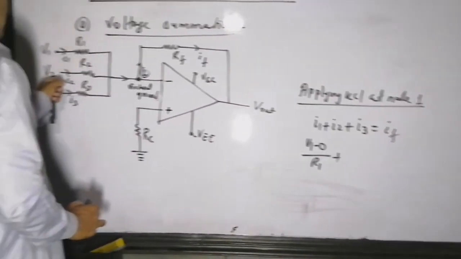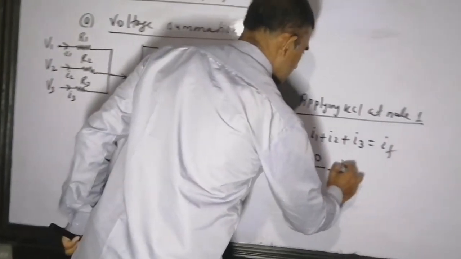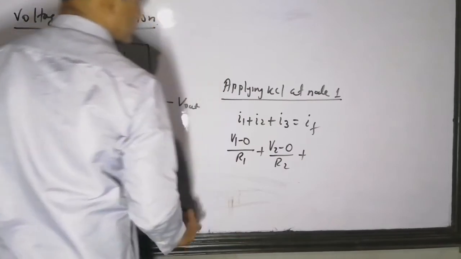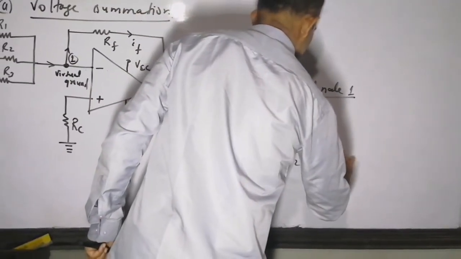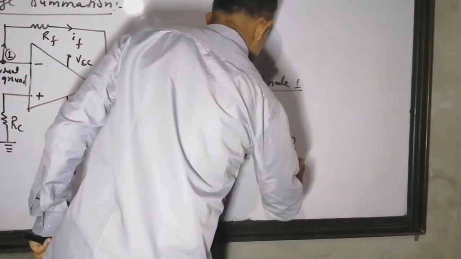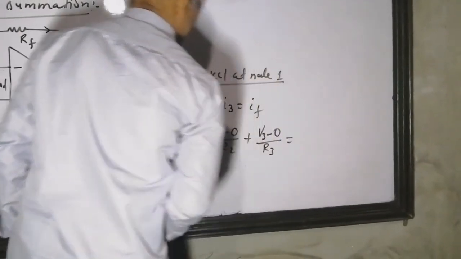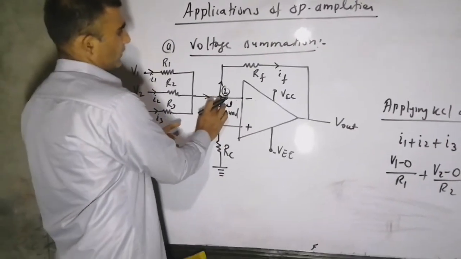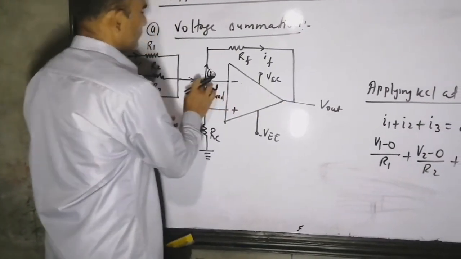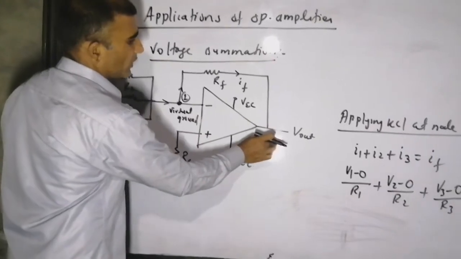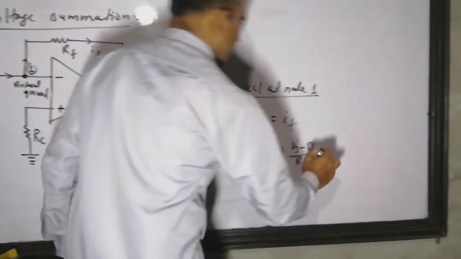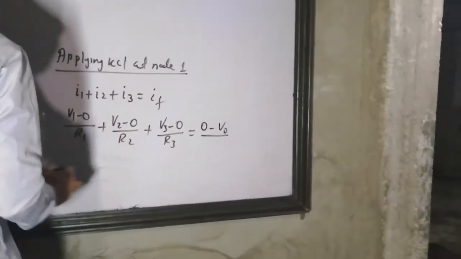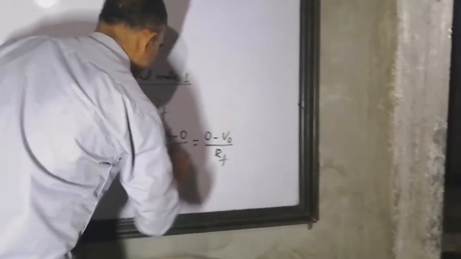Likewise, for the second input we have V2 minus 0 by R2, and for the third input V3 minus 0 upon R3. That equals, with the arrow direction from this side to this side, 0 minus V out upon the feedback resistance RF.